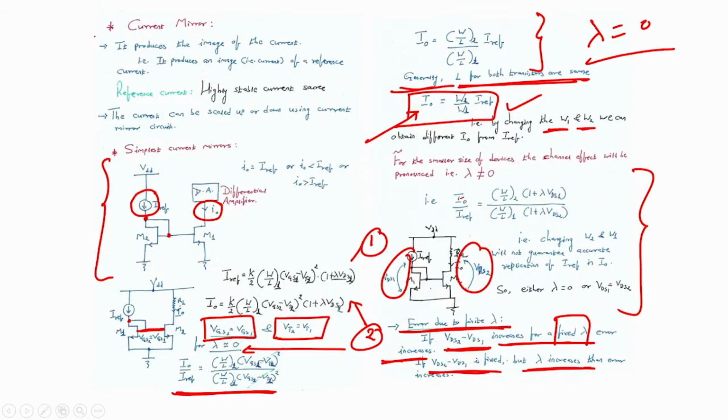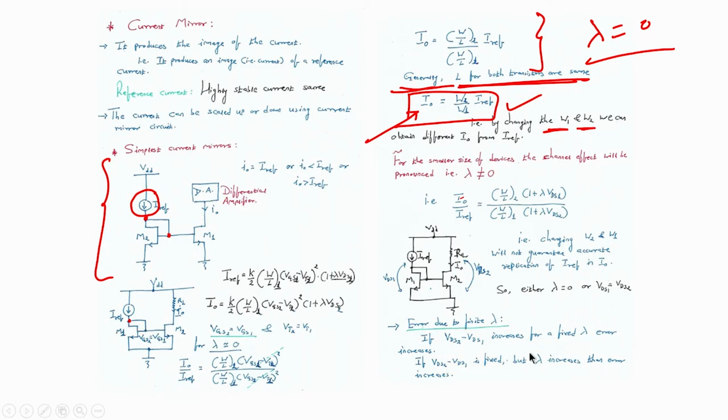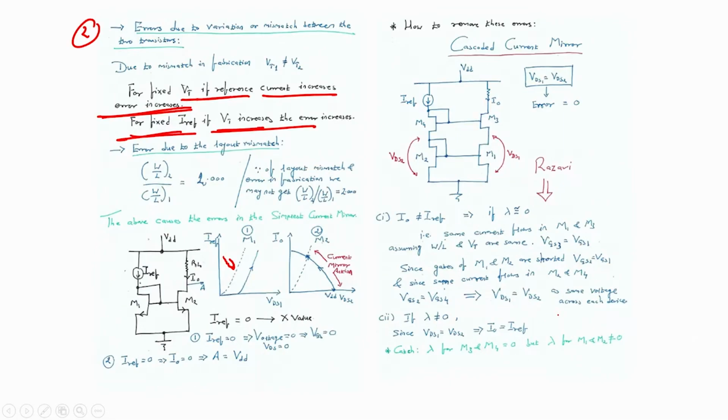First error in the simplest mirror circuit is error due to finite lambda, the second error is error due to variation or mismatch between two transistors. The third error is due to layout mismatch. If you have learned circuit designing, you will use Cadence, and when you design it, if there is a mismatch in the design layout, then again there is an error.